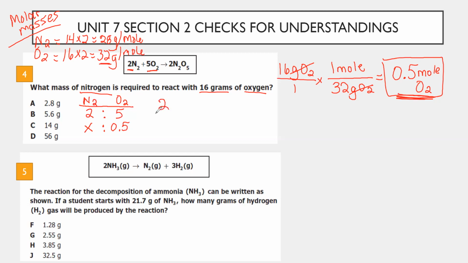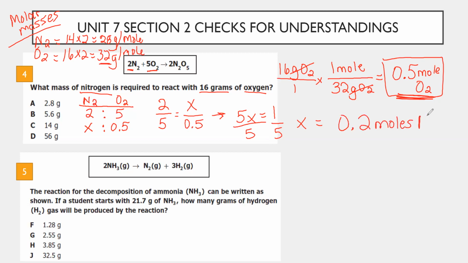So set it up, 2 over 5, x over 0.5, 5x, like I said, just solve it, over 1, 5, 5. So your x is equal to, if you plug 1/5 into the calculator, that's 1 divided by 5, you end up with 0.2 moles of N2.